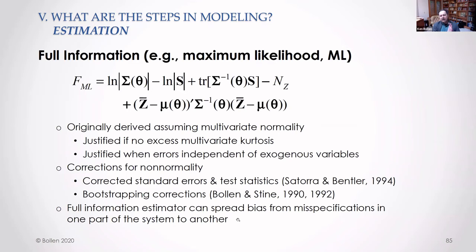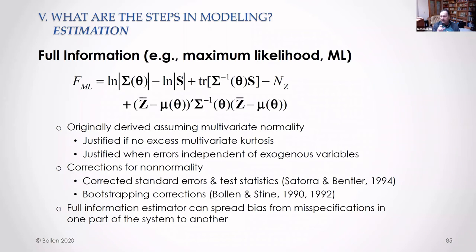Now, one issue that is not taken care of by these distributional problems and distributional corrections is that this is a full information estimator. And what that means is that every parameter in this model, all the equations, are estimated simultaneously. And when it does that, it is borrowing information from different parts of the system to develop the estimates you're interested in.